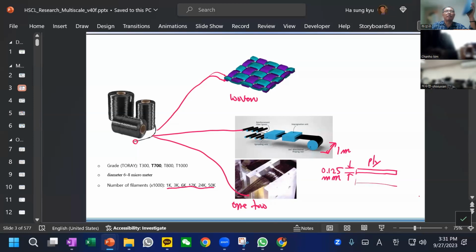Again, this width can be any width as we wish, but a typical ply can be many spread, I mean, many number of tows.